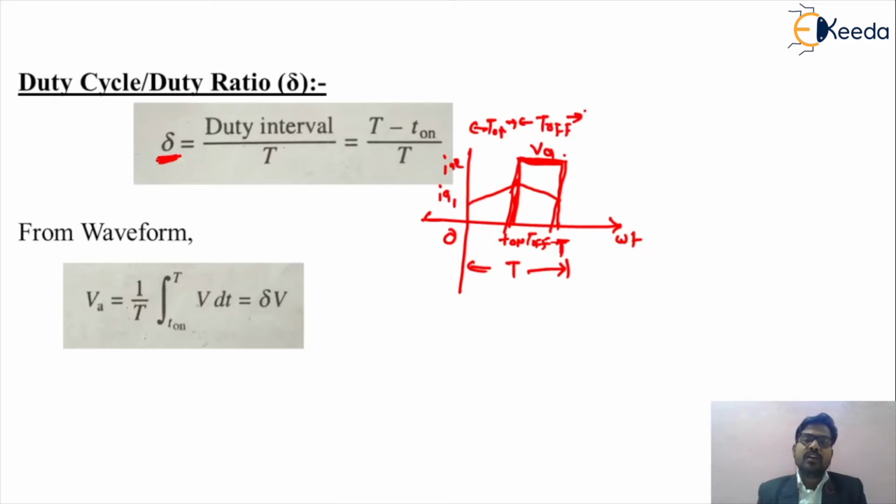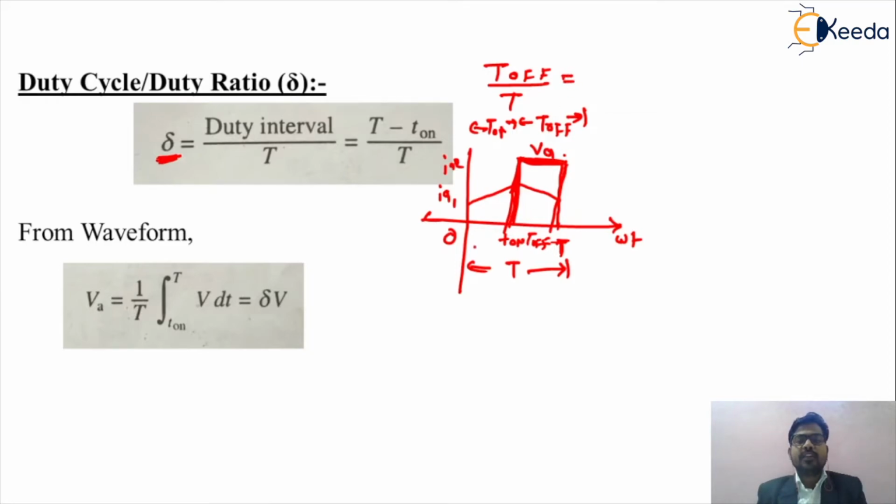So what will be the formula for the duty cycle or duty ratio for your regenerative braking? It is in concern with T off, because we are getting the output voltage when the transistor or the chopper circuit is in off condition. And what do you mean by T off?